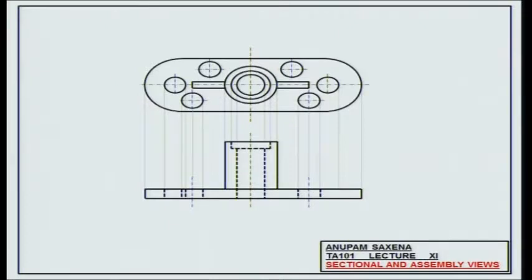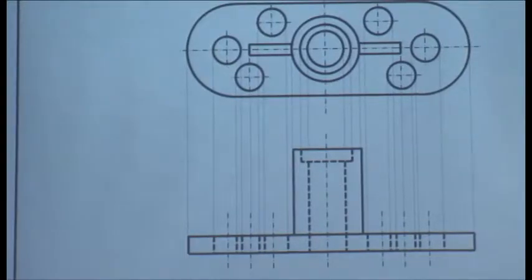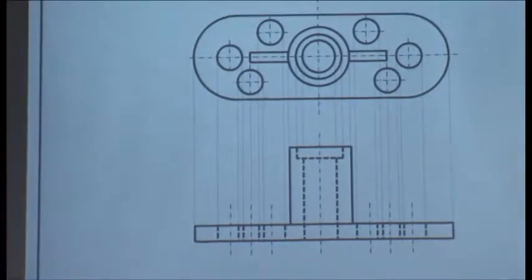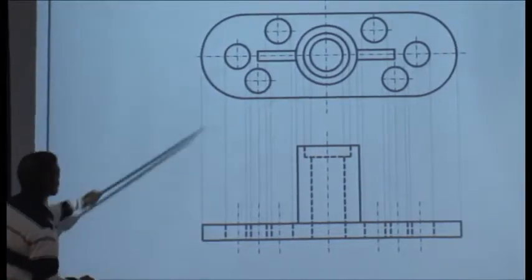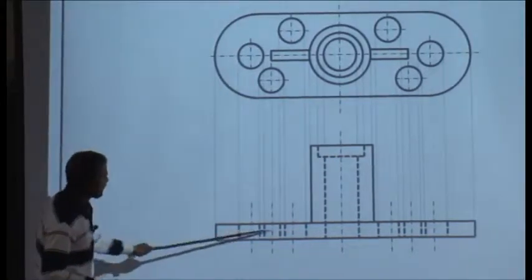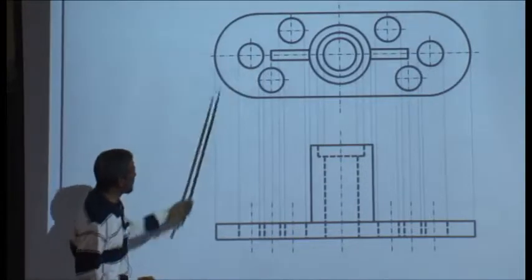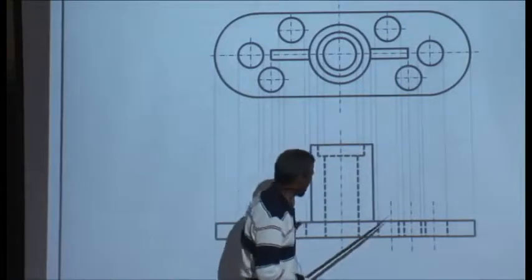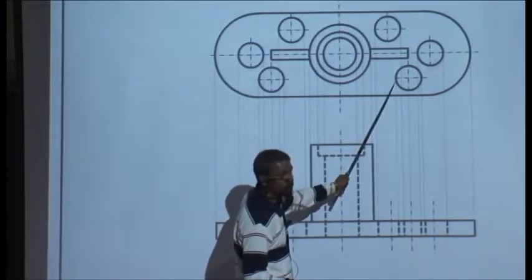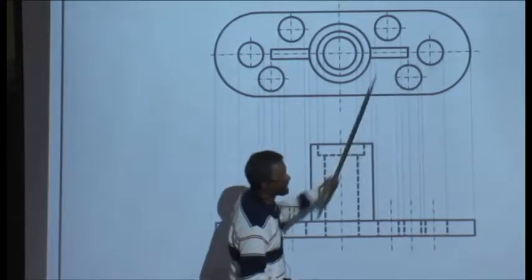I'm going to go slow so that you realize what's going on. All right, so at this time you see these hidden lines pertaining to these circular voids here, and then the corresponding center lines. The same on the right hand side, hidden lines pertaining to these voids, and then the center lines.